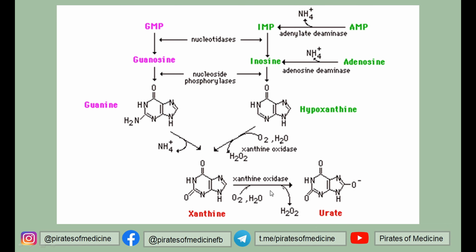This thiamine pyrophosphate is a cofactor for pyruvate dehydrogenase complex, which converts pyruvate into acetyl coenzyme A. So if there is a deficiency of vitamin B1, this will lead to inhibition of conversion of pyruvate to acetyl coenzyme A, which will lead to pyruvate accumulation in the body. Understood?